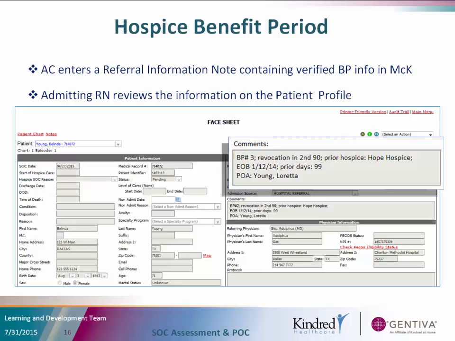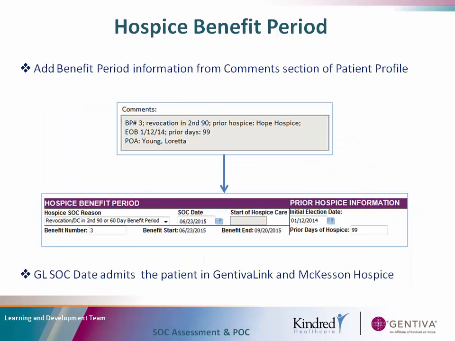As mentioned a short time ago, this will be found on the face sheet or patient profile under the Referral Commons area, so it is important to do your review of the face sheet. As mentioned, the admitting RN will add this information to the Nursing Comprehensive Admission Assessment. Completing and sending your assessment to the office admits the patient in both systems, so getting your assessment done and sent to the office timely is critical.